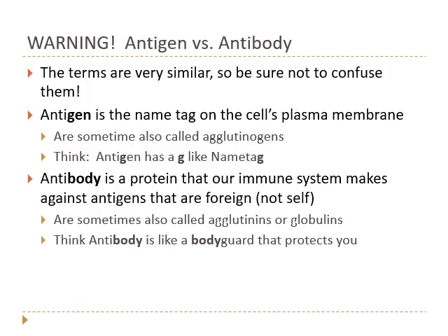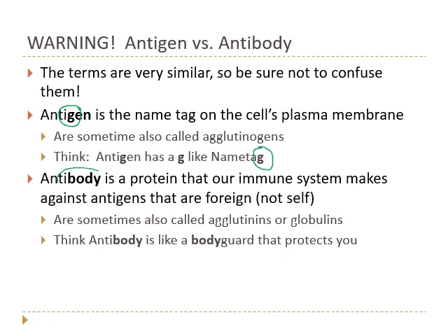So I want to take a moment now to warn you, because these words are very similar, antigen and antibody, right? The way I try to remember it is that antigen has a G, like name tag. So the antigen is the protein on the cell surface that serves as an identifier or a name tag.